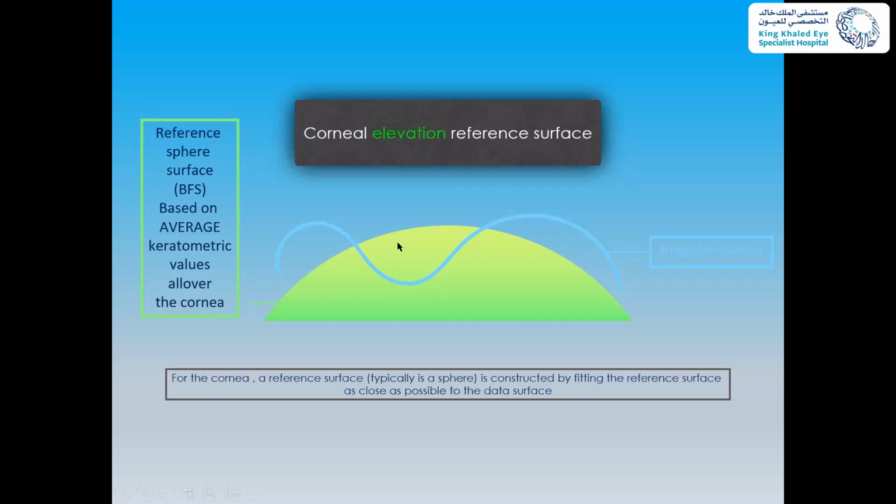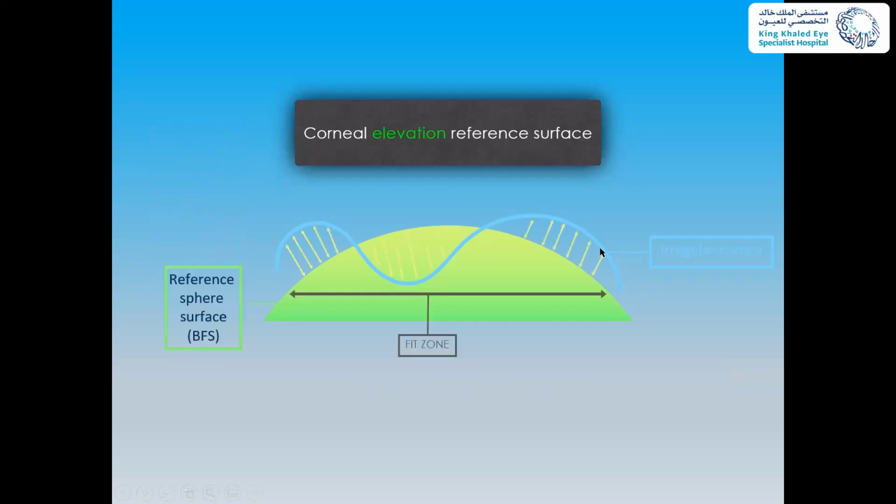Let's suppose this is the cornea of the patient, okay? So this is the reference point the Pentacam will create based on the different keratometric values at different points. So this part it will depress in here, this part it will move up till it gets an average reference point or best sphere fit.